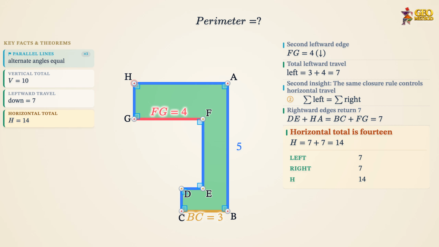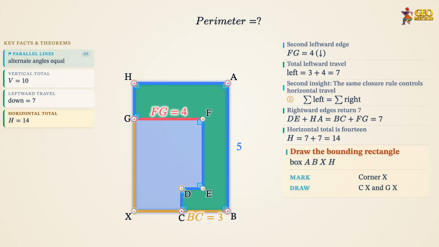To see the danger, let us build the smallest rectangle that contains the shape. Mark a new corner point X at the bottom left, then draw the segment from C straight across to X, and the segment from G straight down to X. The polygon now sits neatly inside rectangle ABXH.